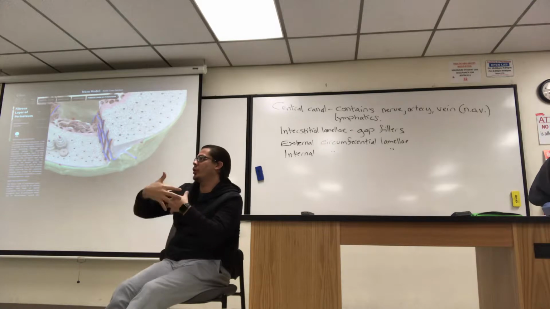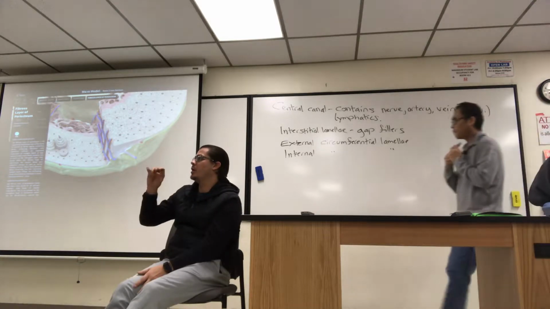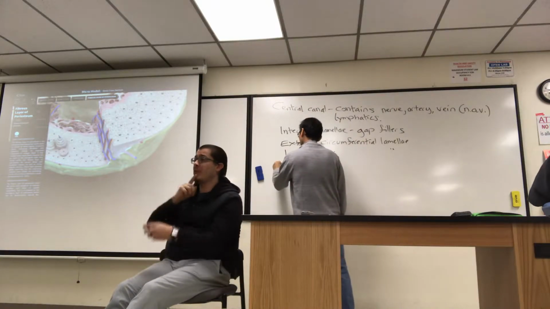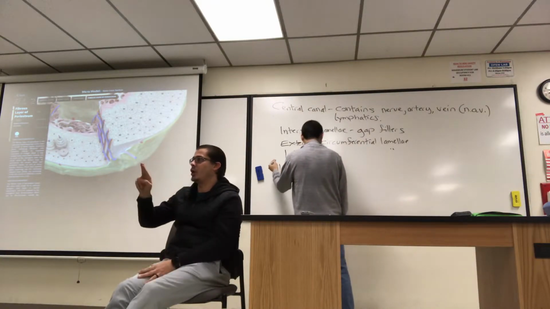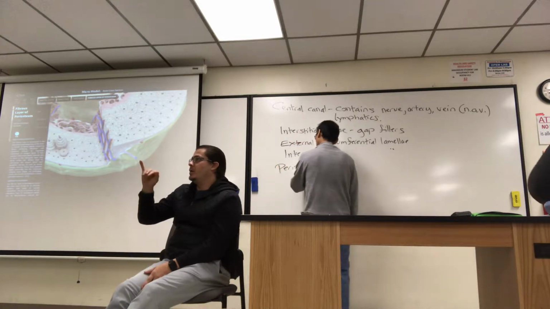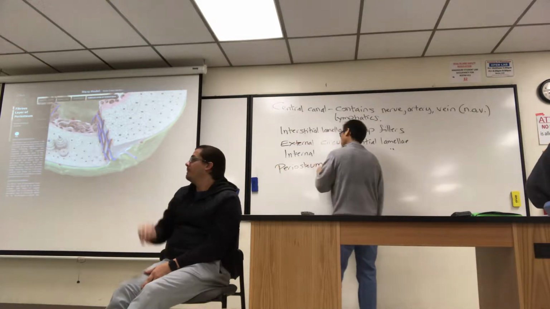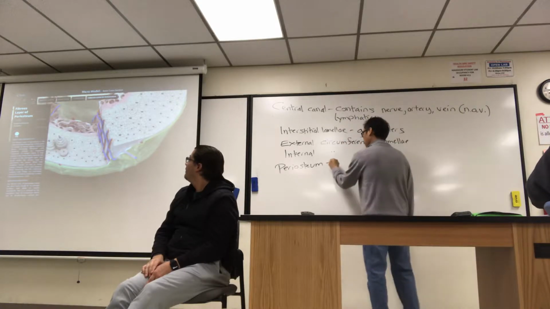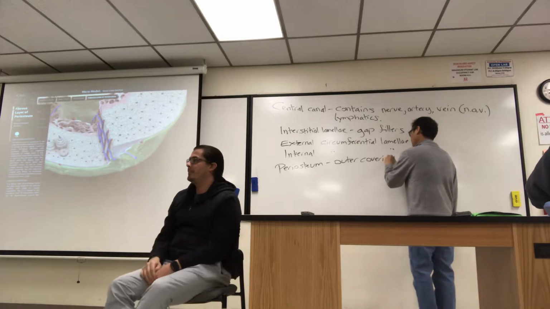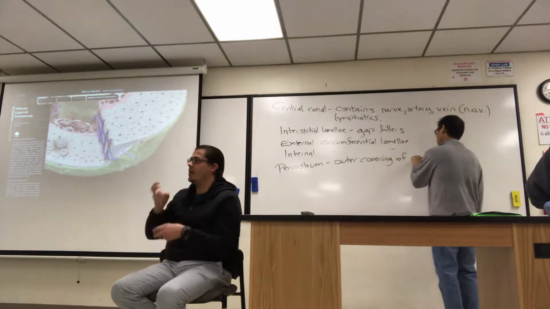The periosteum covers compact bone. It's a really tough fiber. Periosteum. Now periosteum, think of it as an outer covering of compact bone.